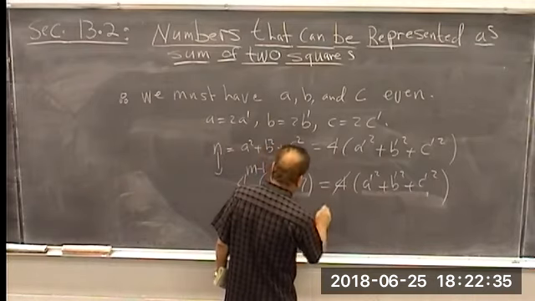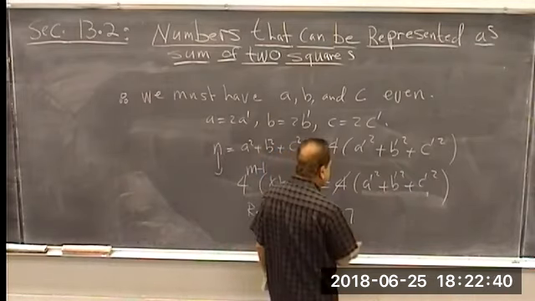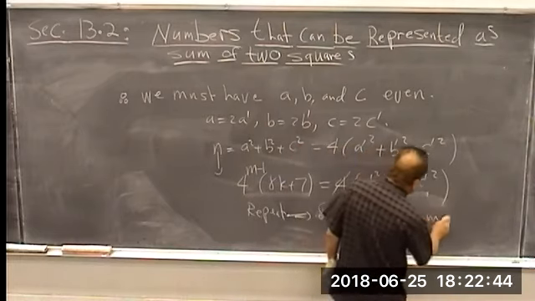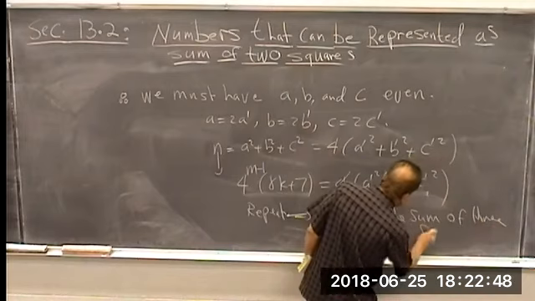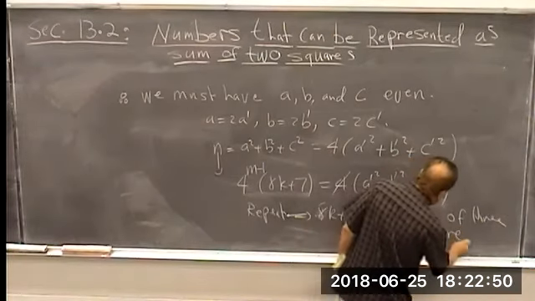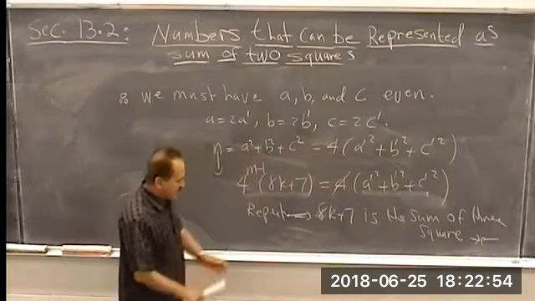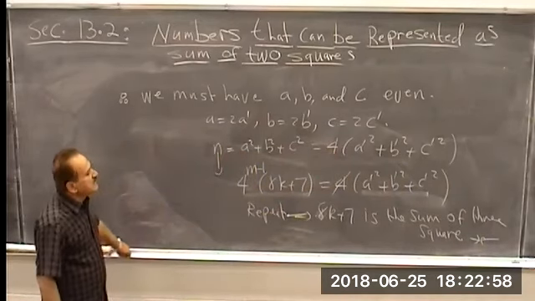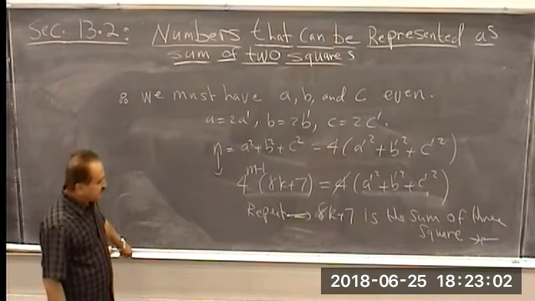This implies that 8k plus 7 is the sum of three squares. Well, this is a contradiction. This contradicts the theorem, which says that the 8k plus 7 numbers are not a sum of three squares.